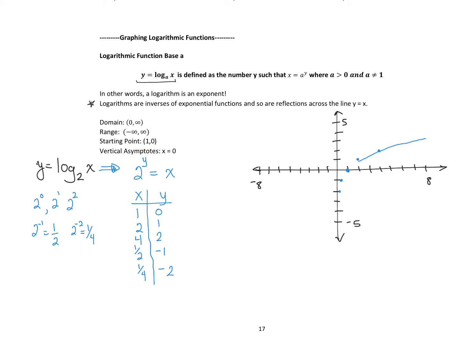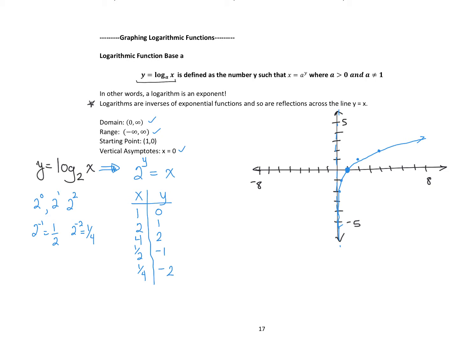What we notice is that this graph is going to have a vertical asymptote at the y-axis, or x equals 0. We should also notice that it has an x-intercept of (1, 0). The range is -infinity to infinity, and the domain is 0 to infinity.